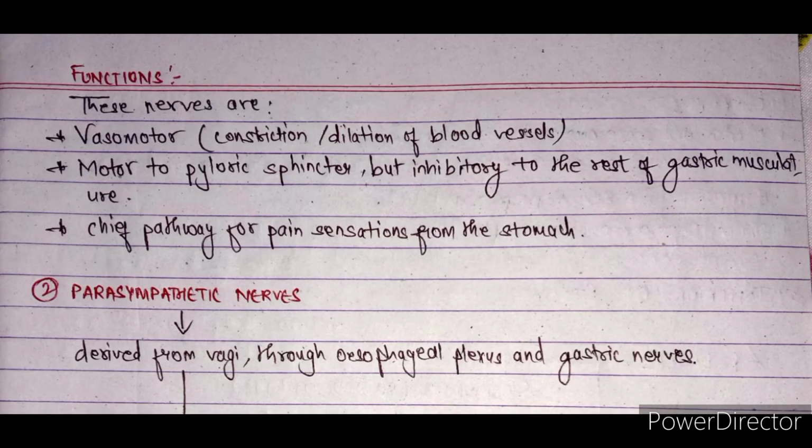The functions of sympathetic nerves are vasomotor, that is constriction or dilation of blood vessels, motor to pyloric sphincter but inhibitory to the rest of gastric musculature, and it is the chief pathway for pain sensations from the stomach.